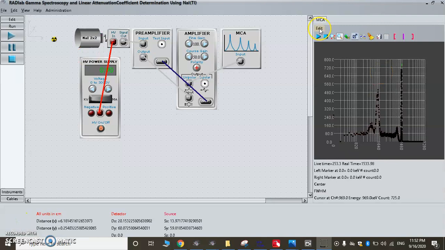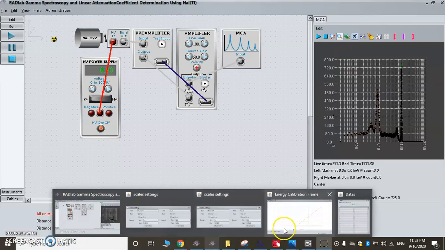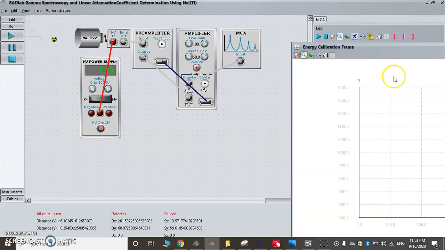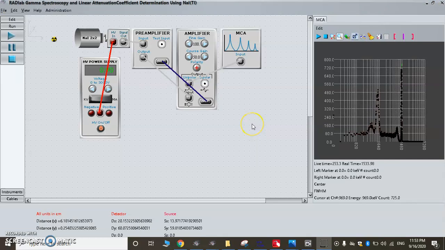Here we have calibrated it, so you can see the calibration.